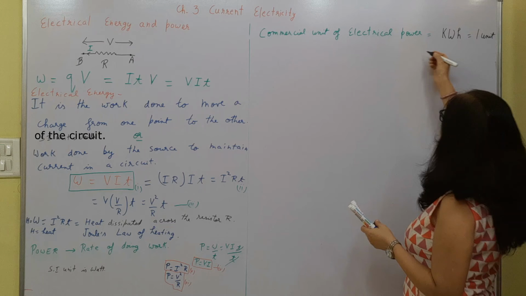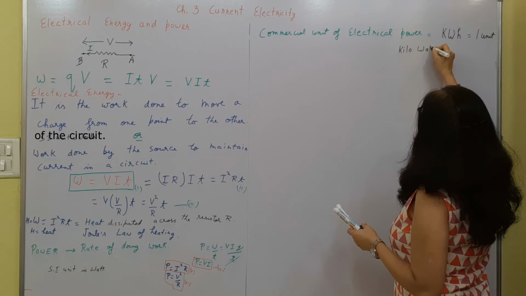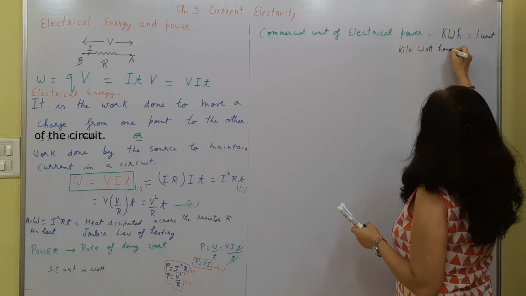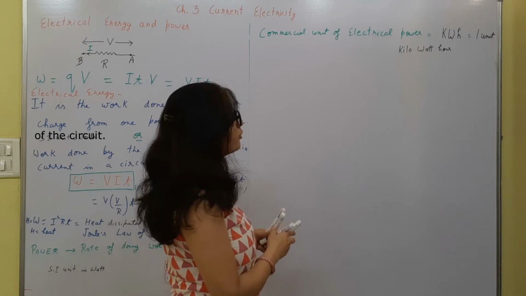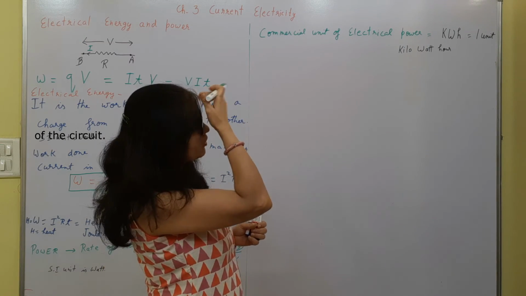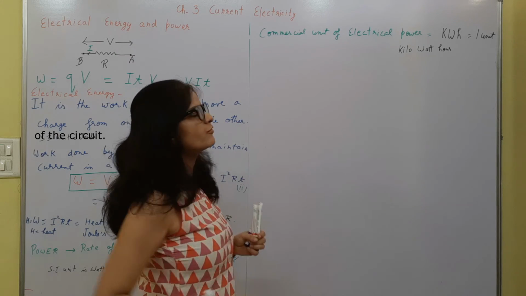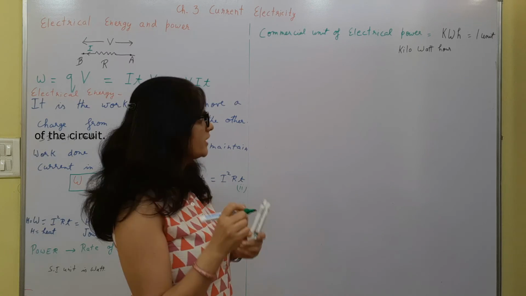So kWh, the full form is kilowatt hour. How do we define it? If 1 kilowatt power is dissipated in 1 hour, then this much electrical energy used in 1 hour is called 1 kilowatt hour or 1 unit.